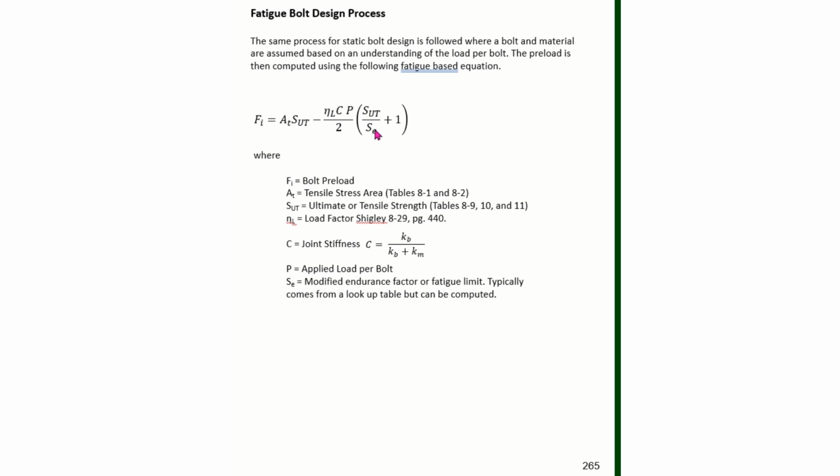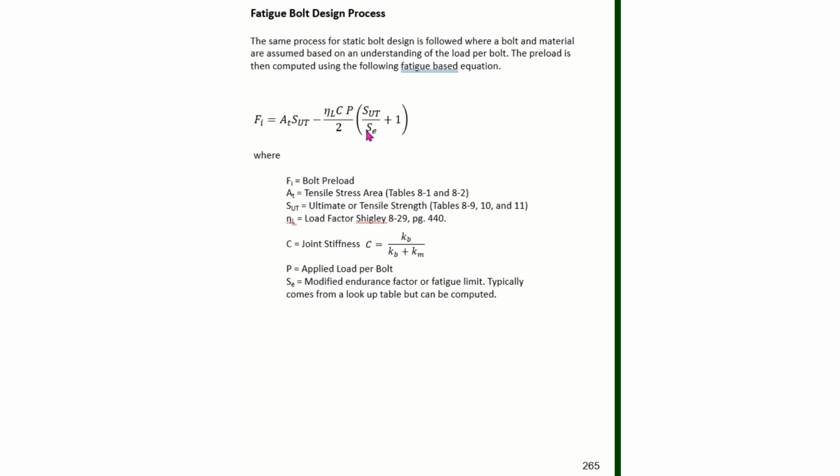And for bolted joints, this typically comes from a lookup table. Later on, when we talk about fatigue this semester, we will spend a significant amount of time computing modified endurance limits or endurance factors for different scenarios.